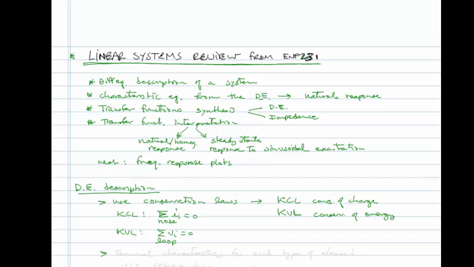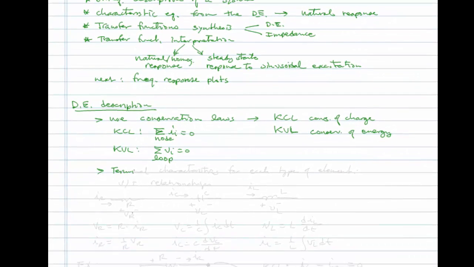Secondly, we need terminal characteristics for each type of element. So for electric circuits, this was the VI relationships.